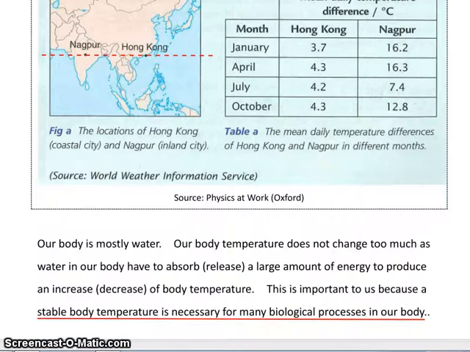Well, another application is about our body temperature. The high specific capacity of water ensures our body temperature doesn't change too much, which is important for our health, because a stable body temperature is necessary for many biological processes in our body.